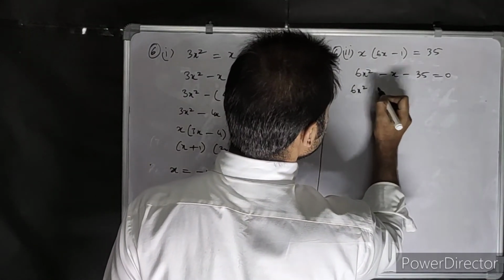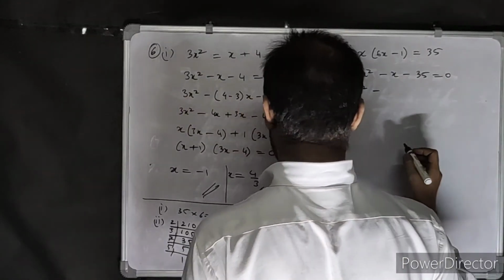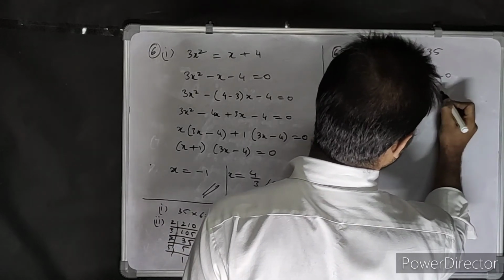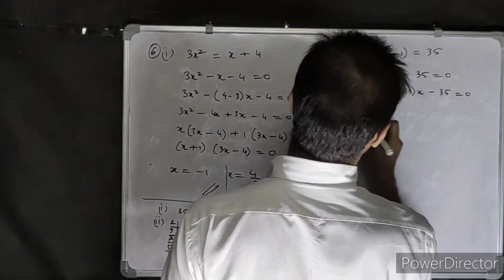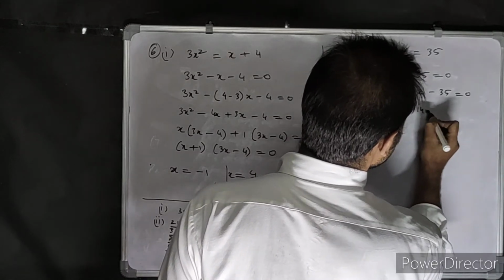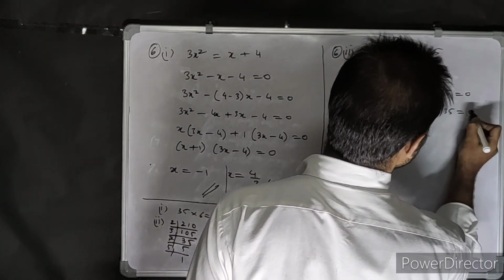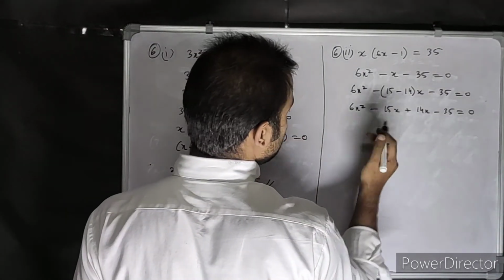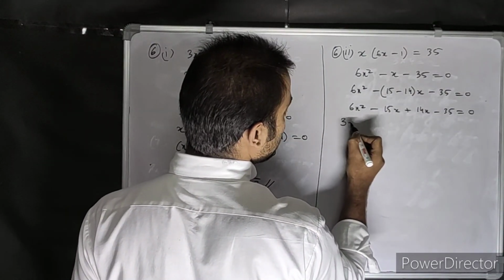Okay, so 6x square minus 15x plus 14x minus 35 is equals to 0. So from here, what can we take out? We can take out a 3 over here and an x over here.